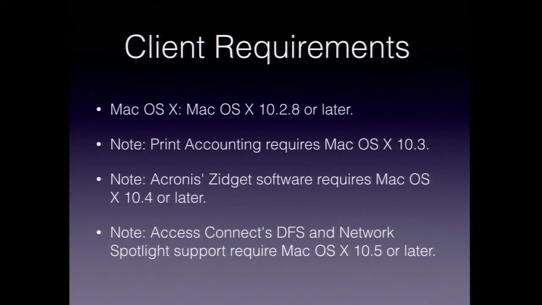But some of the features, of course, require newer OSs. They have a little dashboard widget, what they call a ZIDget, which allows some quick functionality. That requires 10.4 or later. And DFS and Network Spotlight support require macOS 10.5 or later for that feature to work.